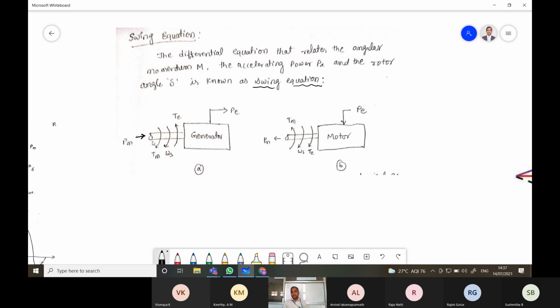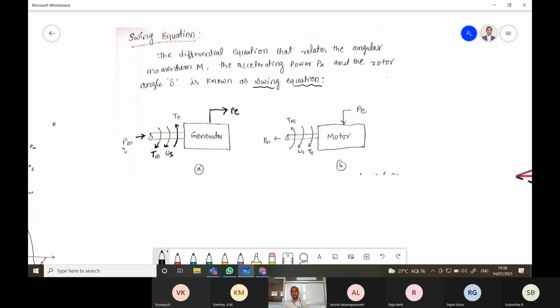Because of this, a mechanical torque Tm is produced, along with the angular velocity omega s, and an electrical torque Te is generated. Due to this, power is delivered to the grid as electrical power Pe. In the first class I explained this generator and motor concept.